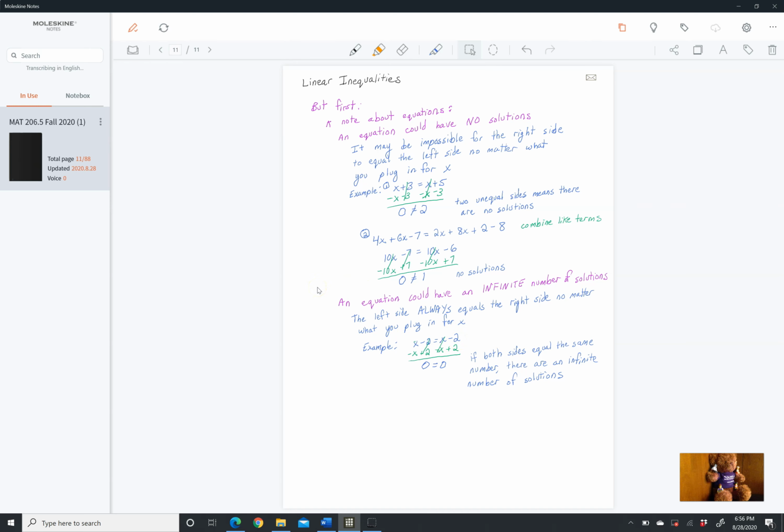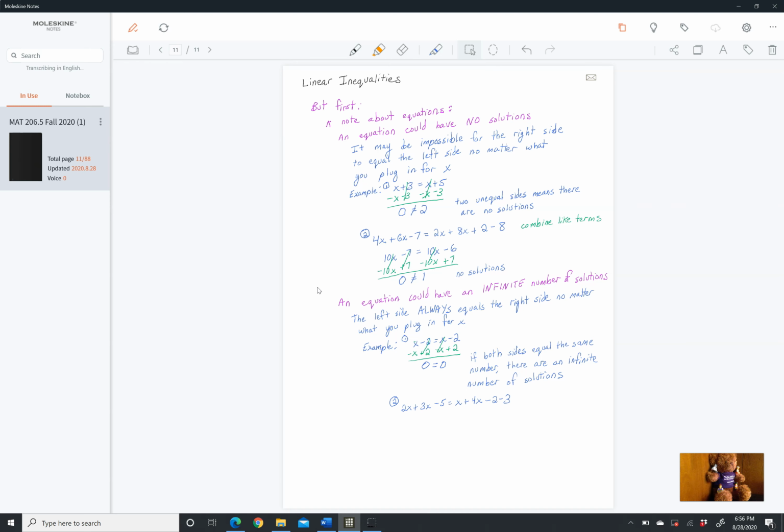If we take another example, so I'll number this 1 and 2 just so that you see 2 different cases. If we have 2x plus 3x minus 5 is equal to x plus 4x minus 2 minus 3.